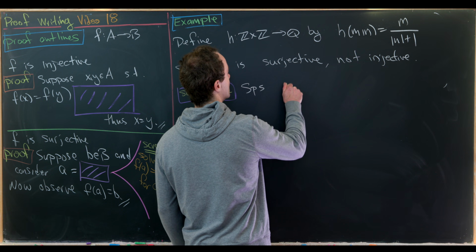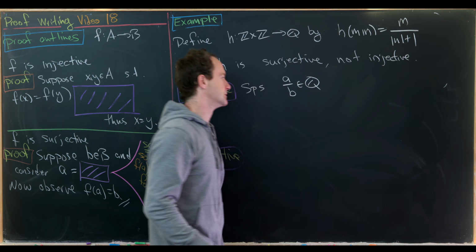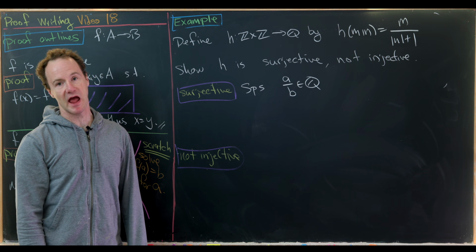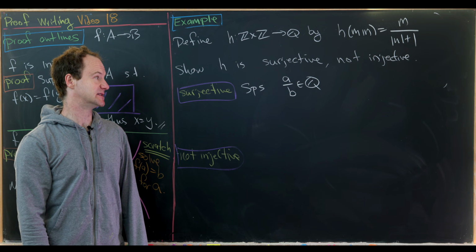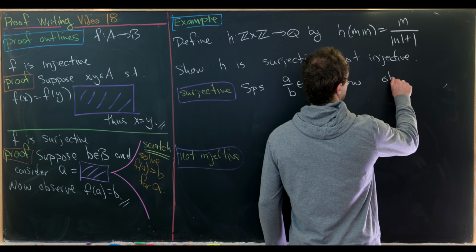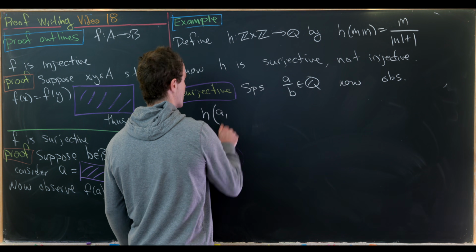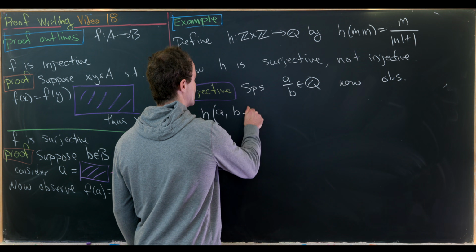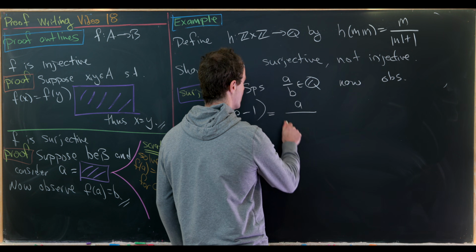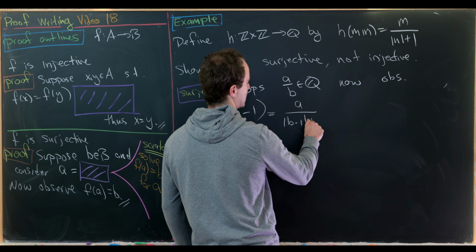So let's suppose that we have a over b in Q. So we know that every element of the rational numbers can be written as a over b, where a and b are integers, but b is not equal to 0. And now let's observe that h evaluated at (a, b minus 1) will give us a over the absolute value of b minus 1 plus 1.